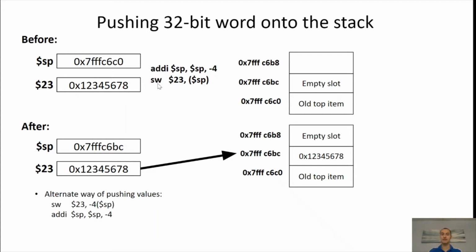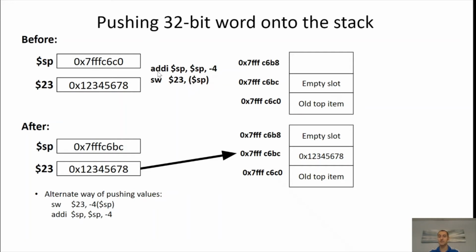We learned about store word and load word in the previous chapter, but here is one of the really important use cases. The store word, we said, takes something from the register and stores it into the memory. So how does it know where to store? This is the location that it's going to store.